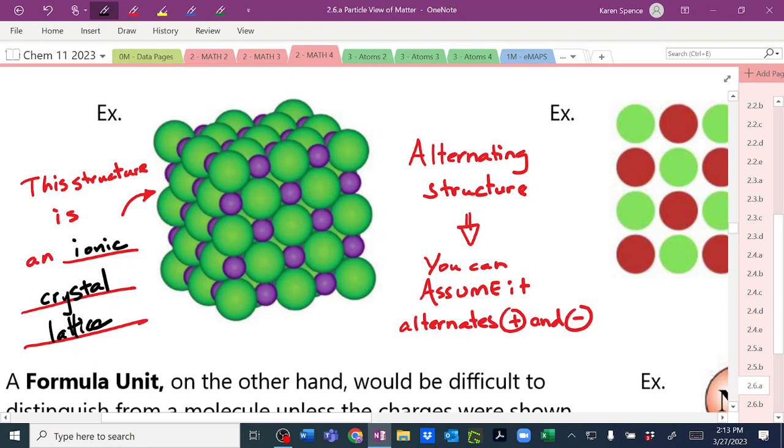So you can assume, even though I haven't drawn them in, that there would be a negative here and a positive here and a negative here and a positive here and a negative here. Okay, even though they are not drawn in.